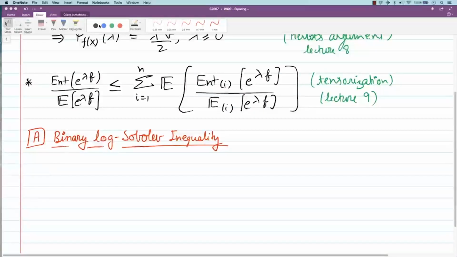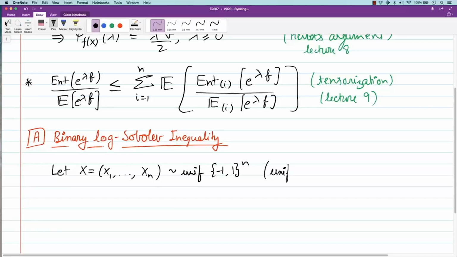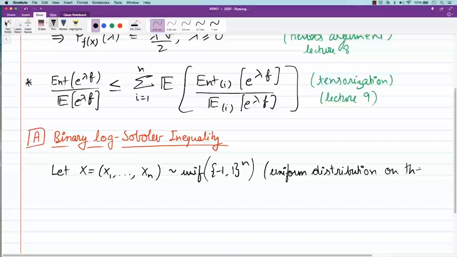So let's start with this. This is a very specialized inequality. Let X equal to X1 to Xn be uniform on {-1, 1} to the power n. This is the uniform distribution on the binary hypercube.